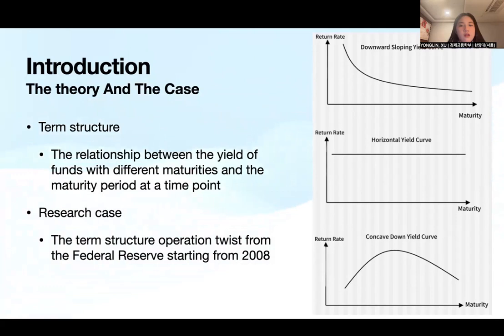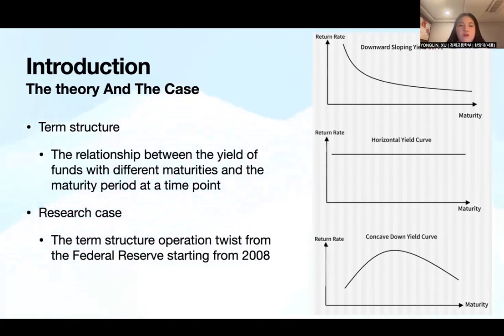Then it's the case introduction, where the basic research case is the operation twist from the Federal Reserve starting from 2008. Since 2008, the United States implemented two rounds of quantitative easing.